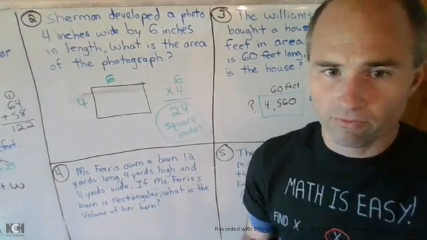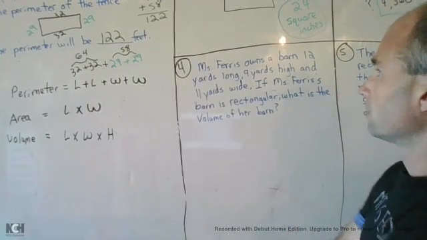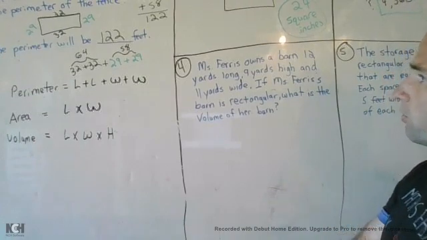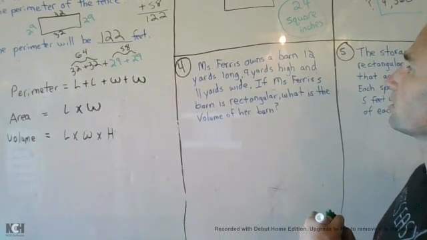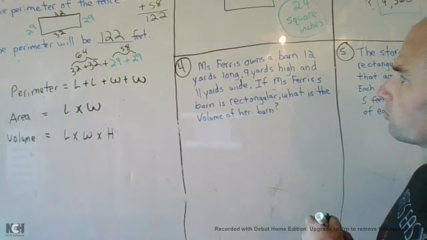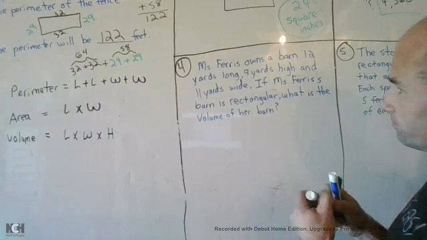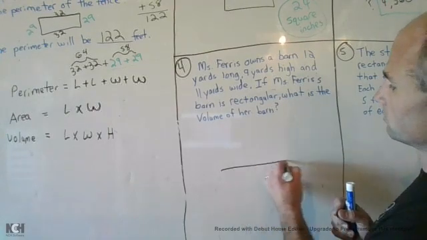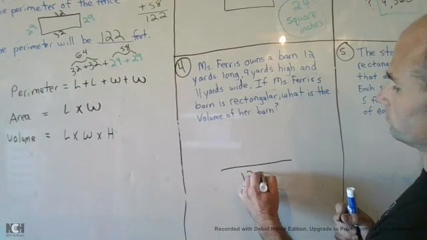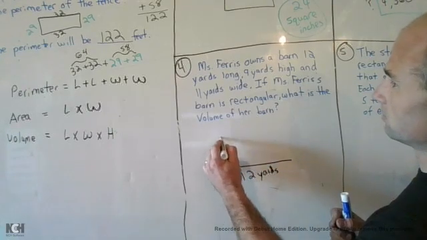All right, now we're going to switch to something a little different. Miss Ferris owns a barn 12 yards long, 9 yards high and 11 yards wide. So I'm going to draw this barn. It's 12 yards long, 9 yards high.